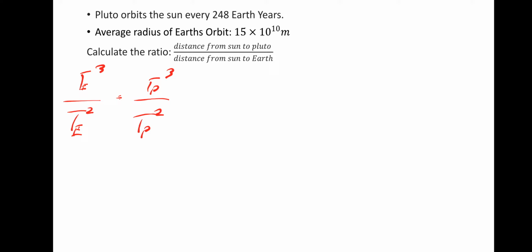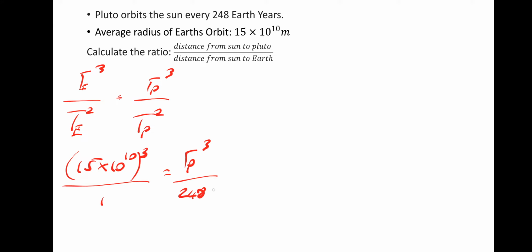So the distance to Earth cubed is 15 times 10 to the 10 cubed, divided by time period for Earth squared, which is 1. Equals distance of Pluto cubed, which is what we're after, divided by the time period 248 years squared.